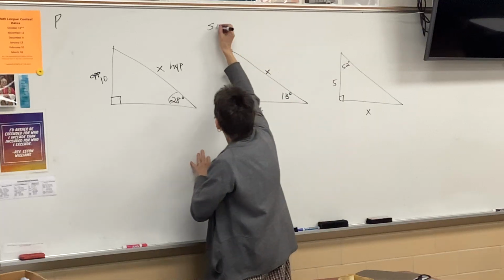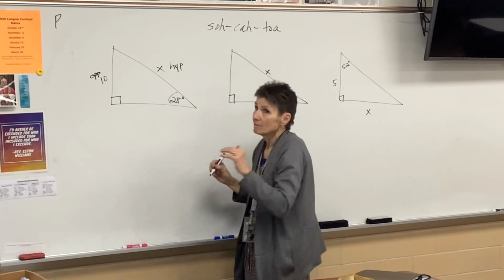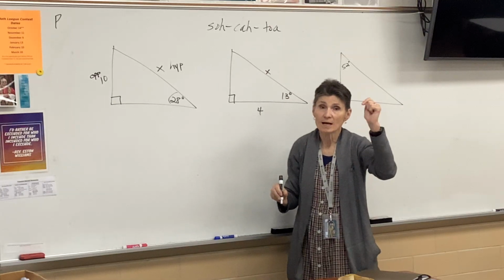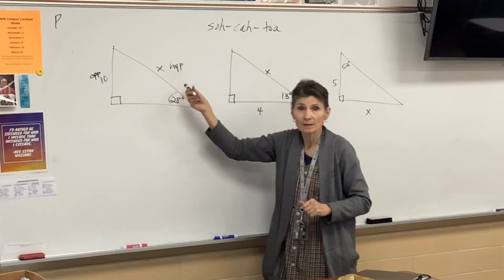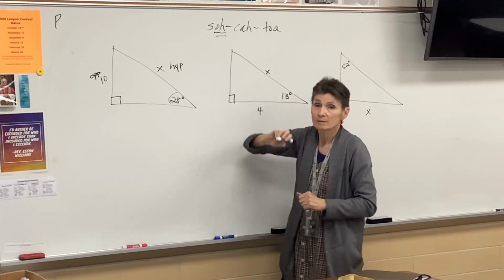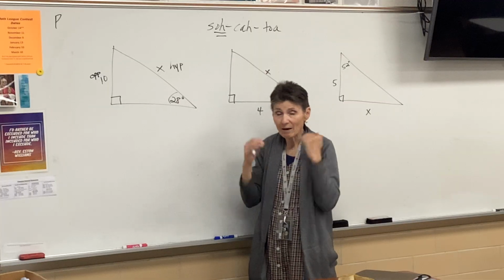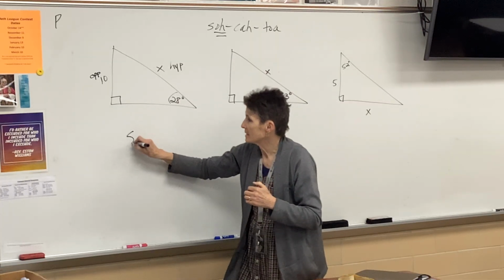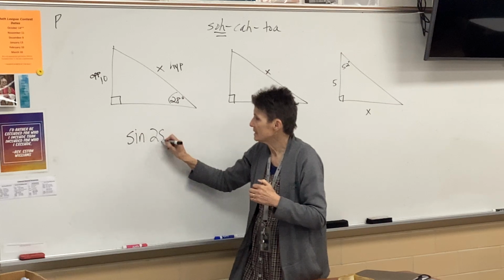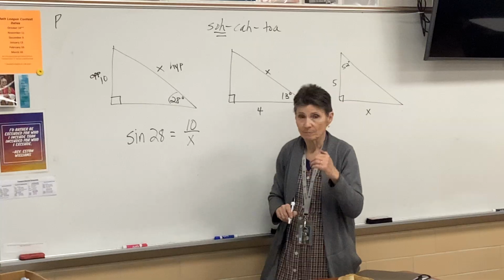So let's remember SOHCAHTOA. Which function, sine, cosine, tangent, uses the opposite and the hypotenuse? Isn't it right here? That's sine. So the equation I'm going to write, I've now figured out I'm going to use sine. So the equation is sine 28 equals opposite over hypotenuse.